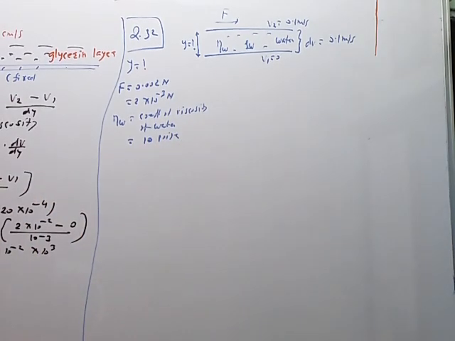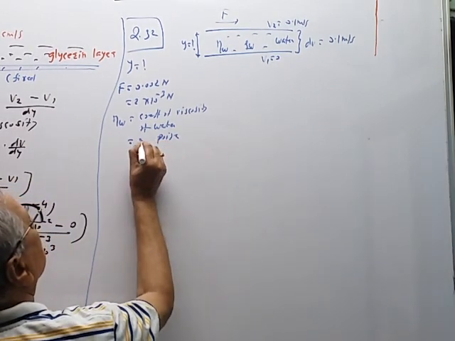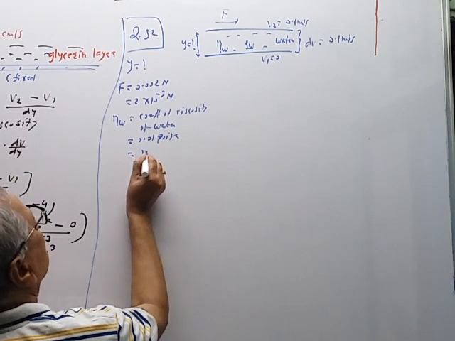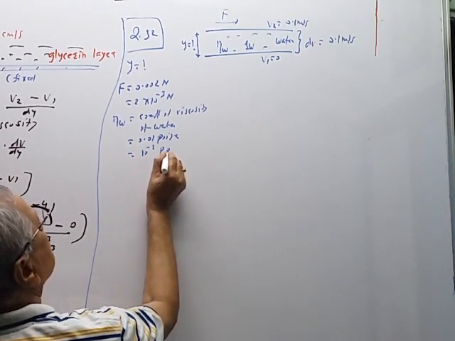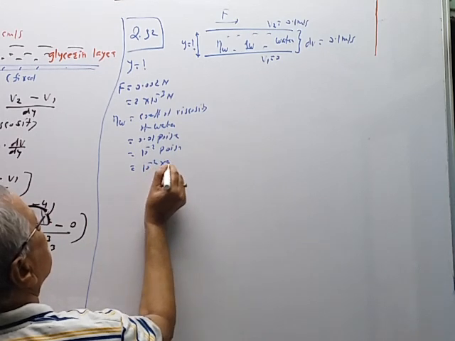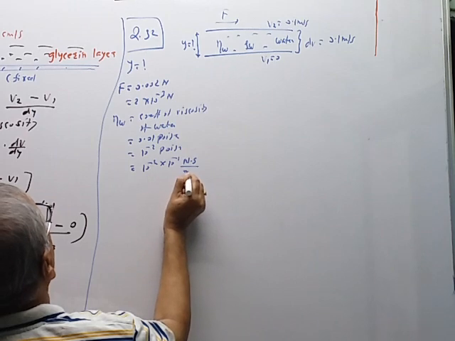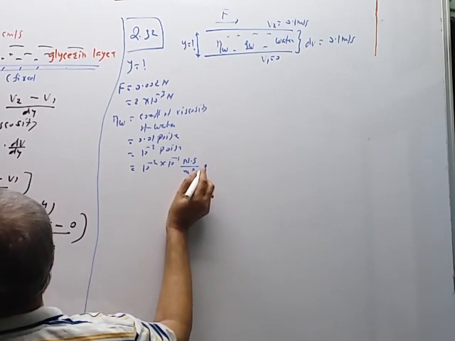Again you have to convert poise. So 10 raised to minus 2 poise is equal to 10 raised to minus 2 into 10 raised to minus 1 Newton second per meter square.